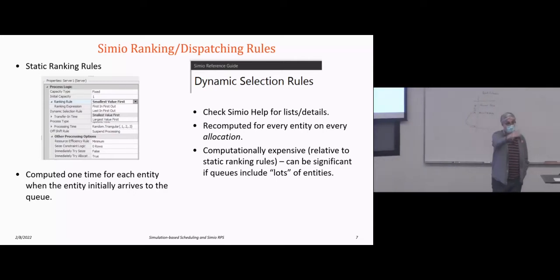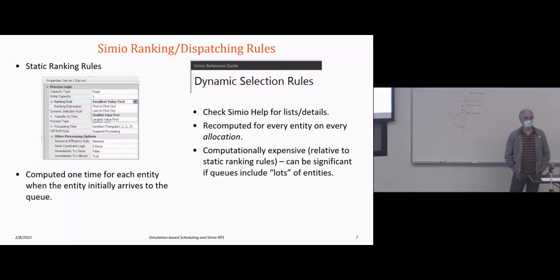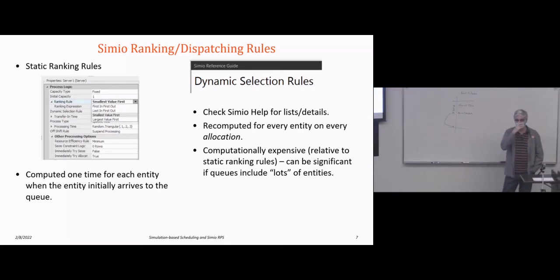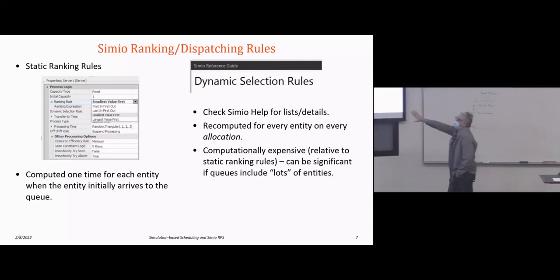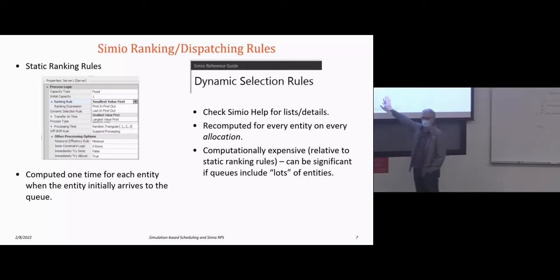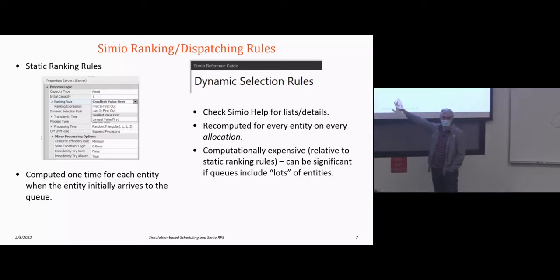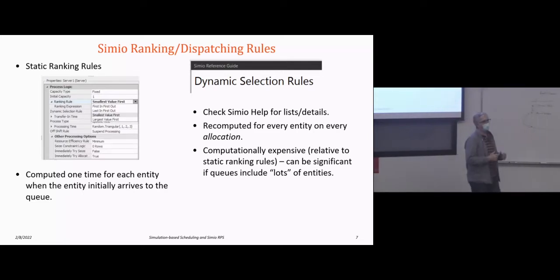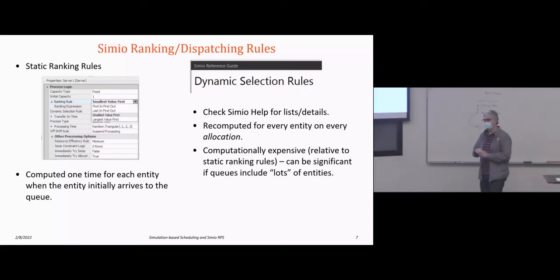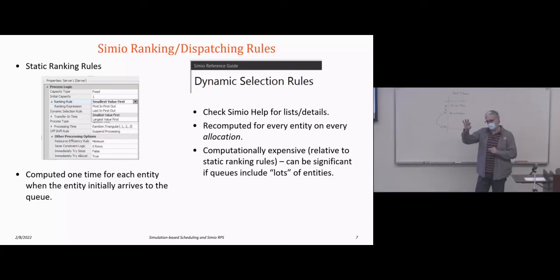And so back to your case where you have 1 billion entities, you're going to do 1 billion calculations on every allocation. So when would you use one versus the other? If the numbers don't change, there's no point in using a dynamic selection rule. If they do change, then you can't use the static rule. So it's kind of dictated for you by whether the values change or not. In some situations where I'm selecting between multiple nodes, as we'll see, we want to use dynamic even though the numbers don't change, for a slightly different rule, but we'll see that probably not next week, but the week after.